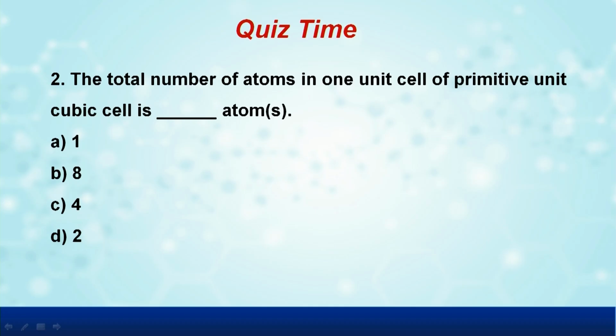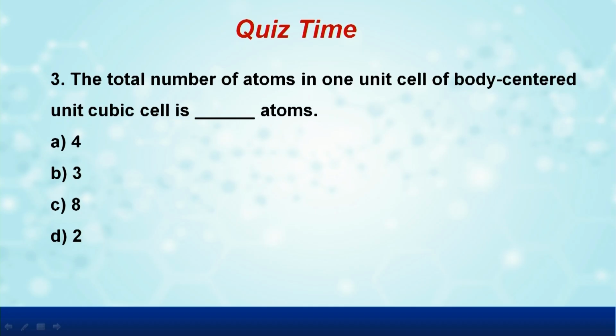The options given are 1, 8, 4 and 2. Question number 3, the total number of atoms in one unit cell of a body centered cubic unit cell is, the options given 4, 3, 8 and 2. Question number 4, the total number of atoms in one unit cell of a face-centered cubic unit cell is dash atoms. That is 2, 6, 4 and 8.